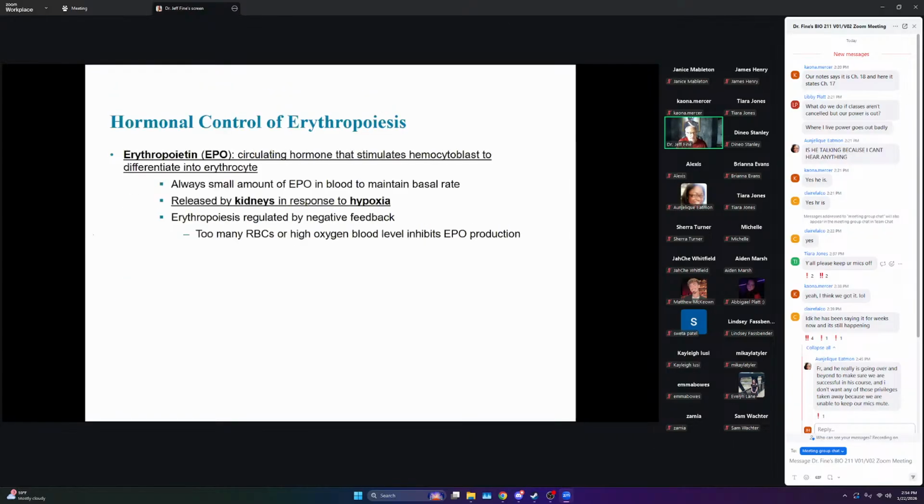All right, continuing. Let's talk about erythropoiesis, the formation of red blood cells. Erythropoietin is a hormone that we didn't talk about at all in lab, other than that it was mentioned in the fetal pig dissection as being a hormone released by the kidneys.